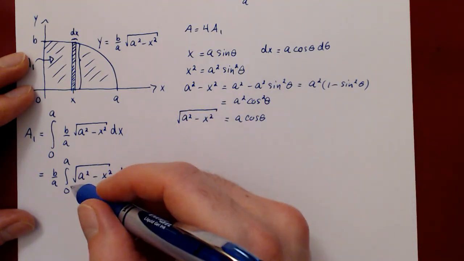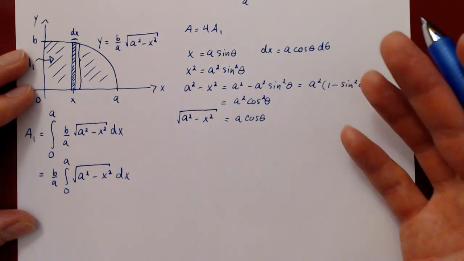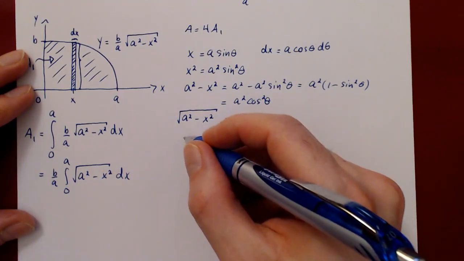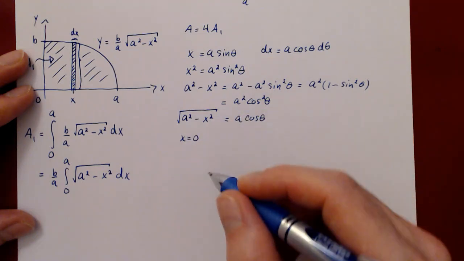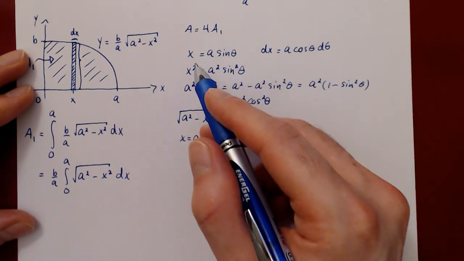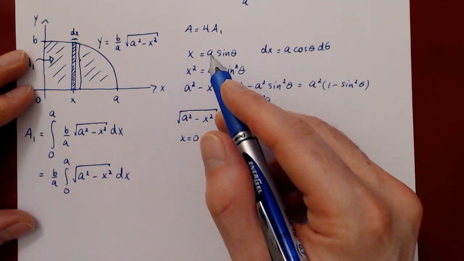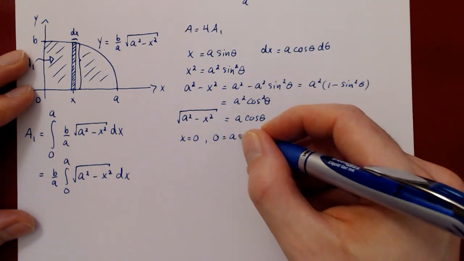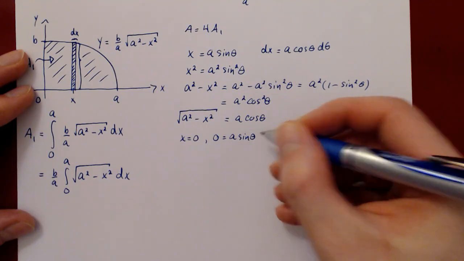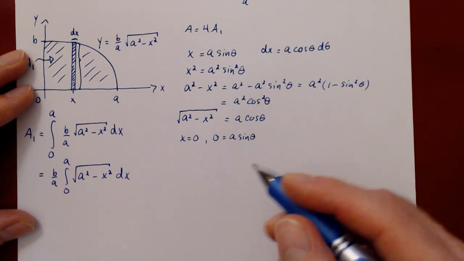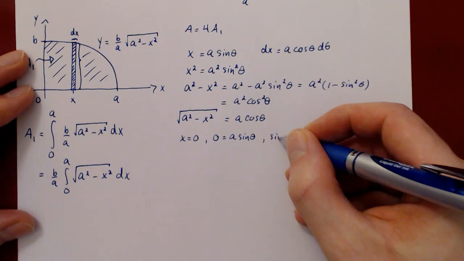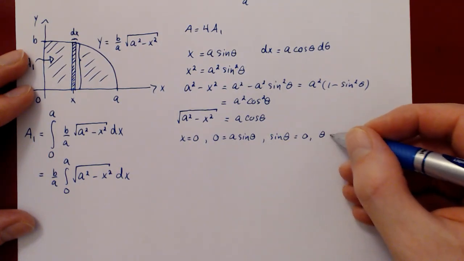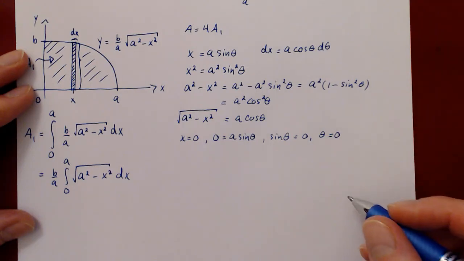So now we have dx. All we're missing are the new bounds of integration. So let's see. This is x is equal to 0. Well, x is a sine theta, right? So if x is 0, we have 0 equals a sine theta. Since a is a positive constant, sine of theta must be 0, and of course sine is 0 when the angle theta is 0.